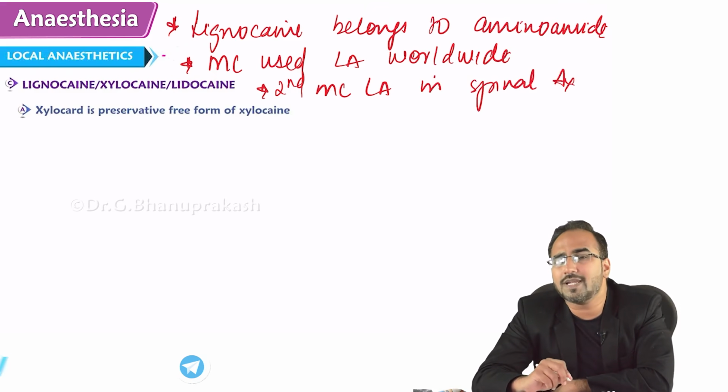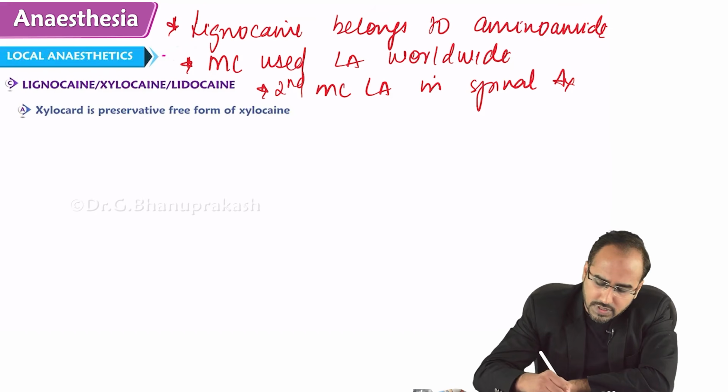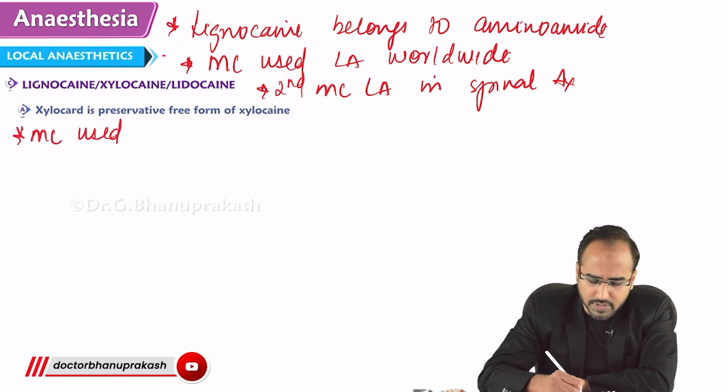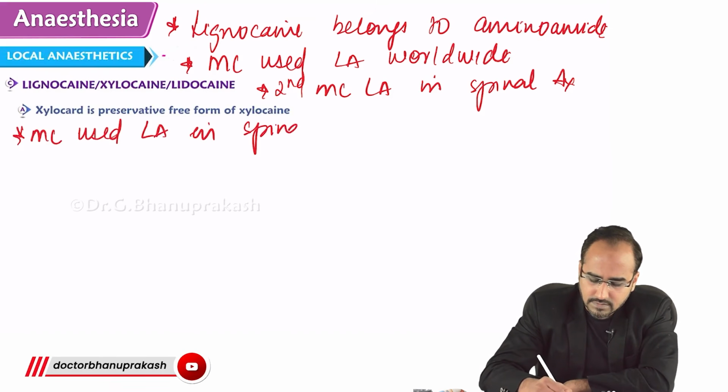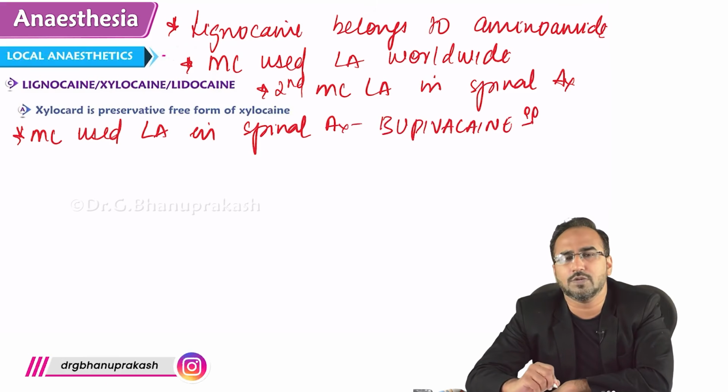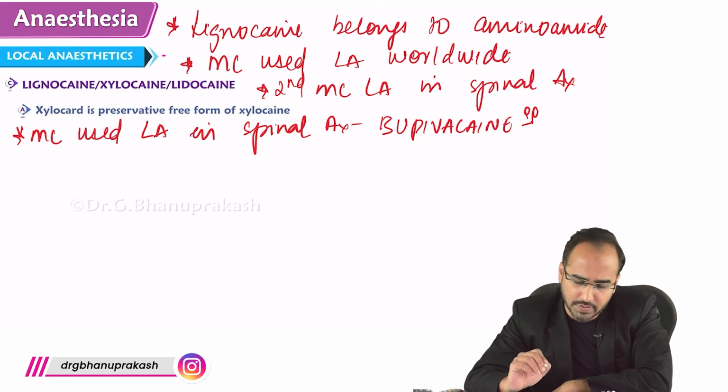Then which is the most commonly used in spinal? The most commonly used local anesthetic in spinal is bupivacaine. And you know the reason why: bupivacaine is longer acting when compared to lignocaine.